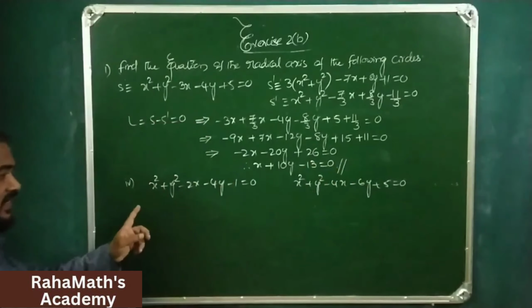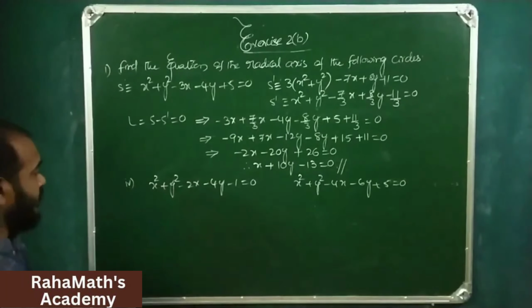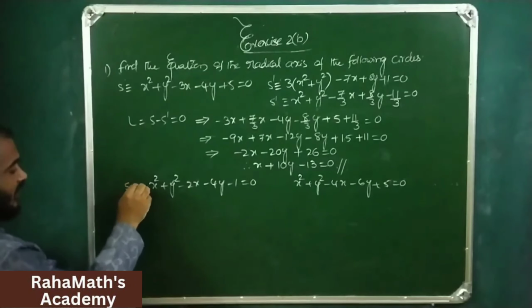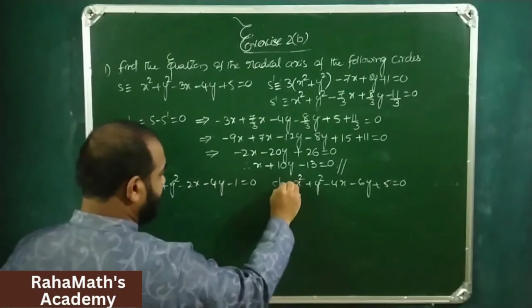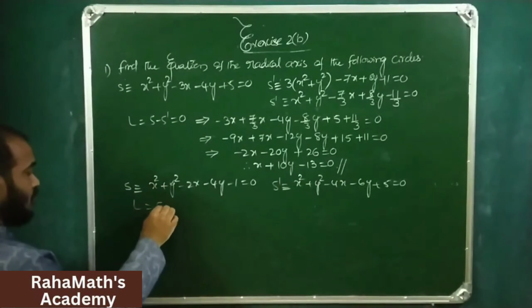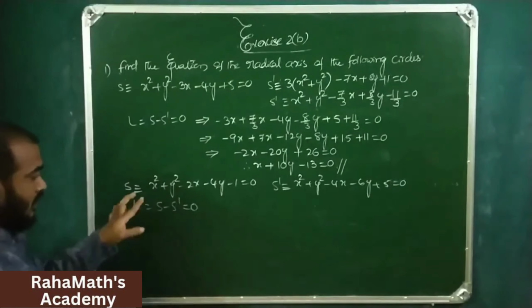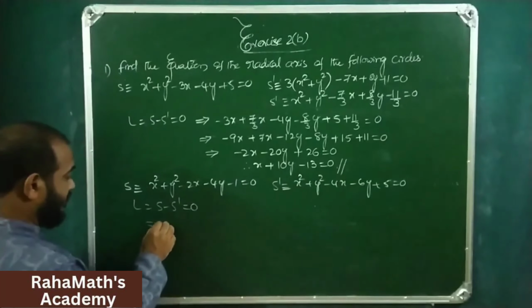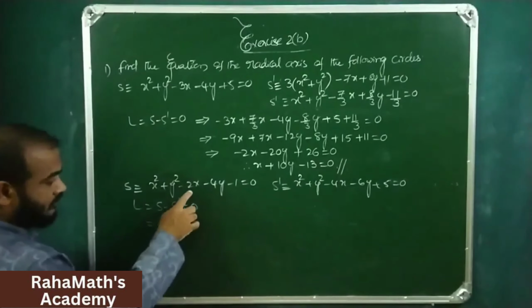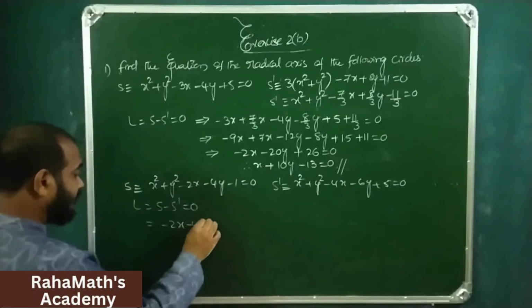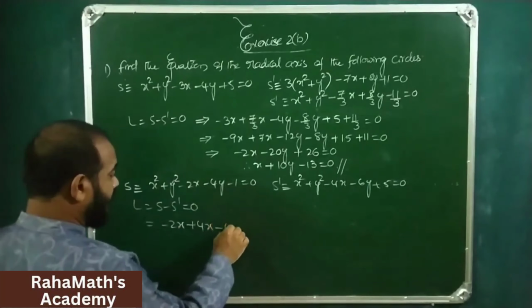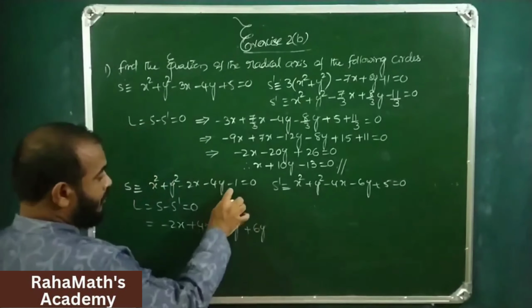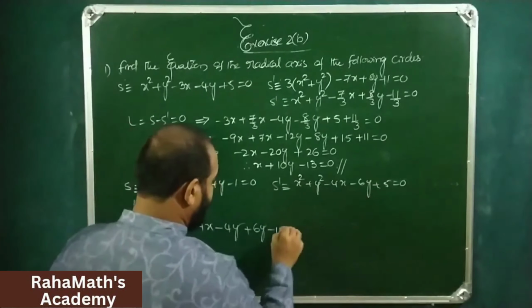So let us take the second question now, the fourth bit of the same question. This is S and this is S dash. So L is S minus S dash equals 0. x square plus y square, x square plus y square gets cancelled. So this equals minus 2x plus 4x, minus 4y plus 6y, minus 1 minus 5 equals 0.